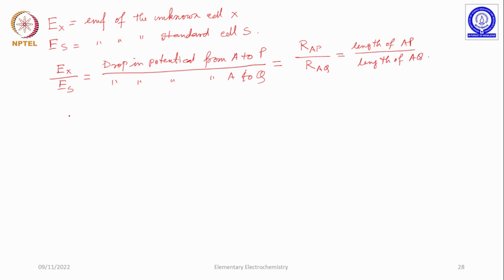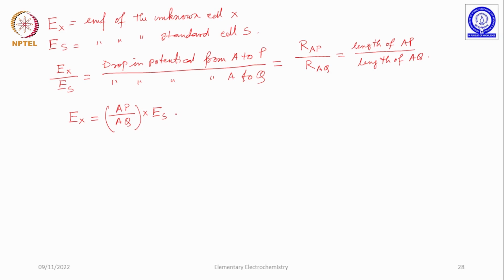So, one can easily write Ex is equal to the length AP divided by the length AQ, times Es. So, this becomes just a number into Es, that is the EMF of the standard cell.